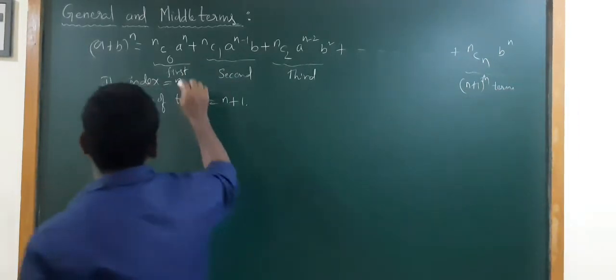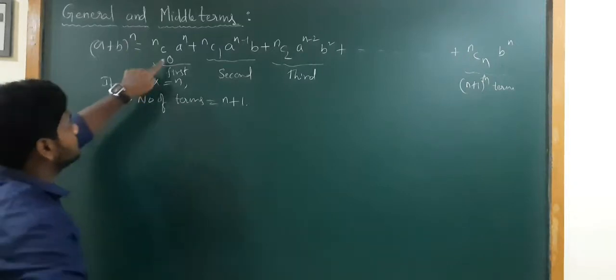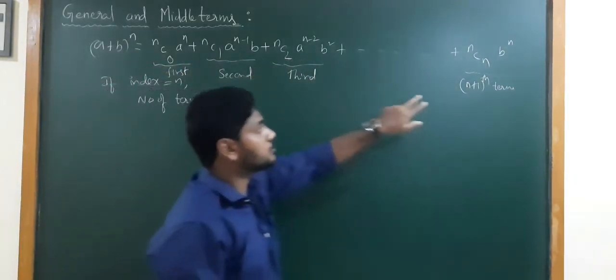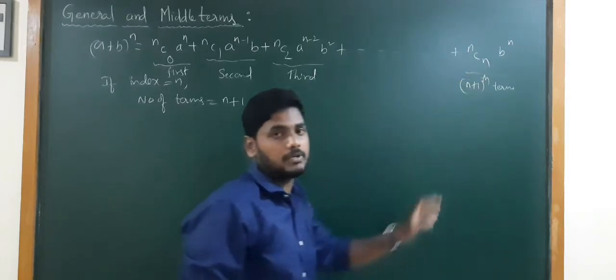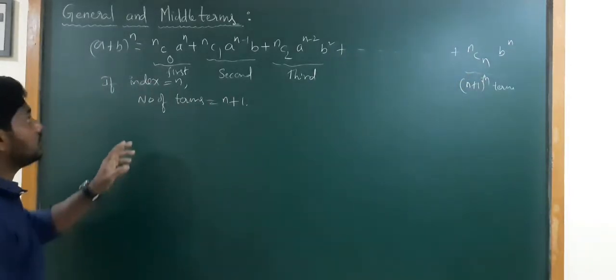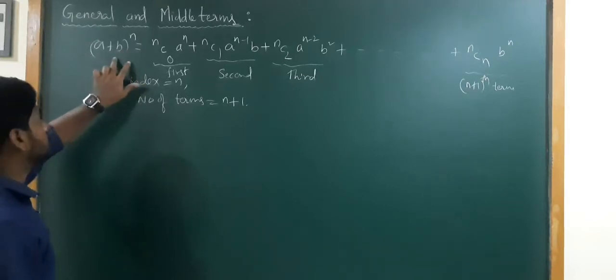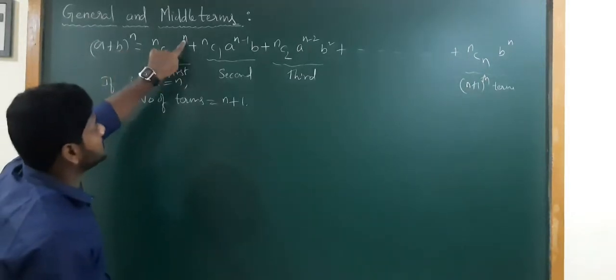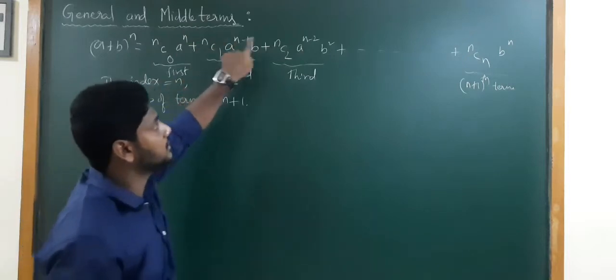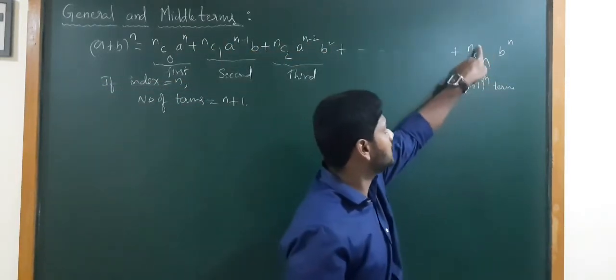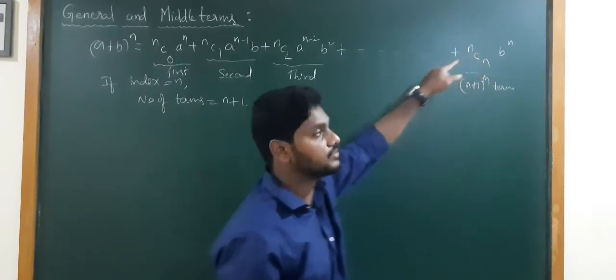But if you observe here, in that first term, what is this value? 0. Second term, this is 1. Third term, this is 2. So if it is n, this is the n plus 1th term. And another thing you need to observe here: in a and b, if you observe these two variables, in the first term it is n, next is n minus 1, next n minus 2, so on. In the last term, n minus n, nothing but 0, a to the power of 0, 1.